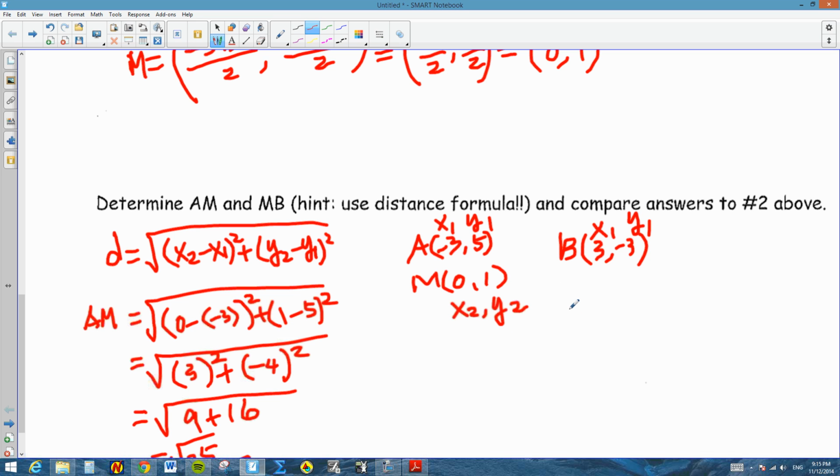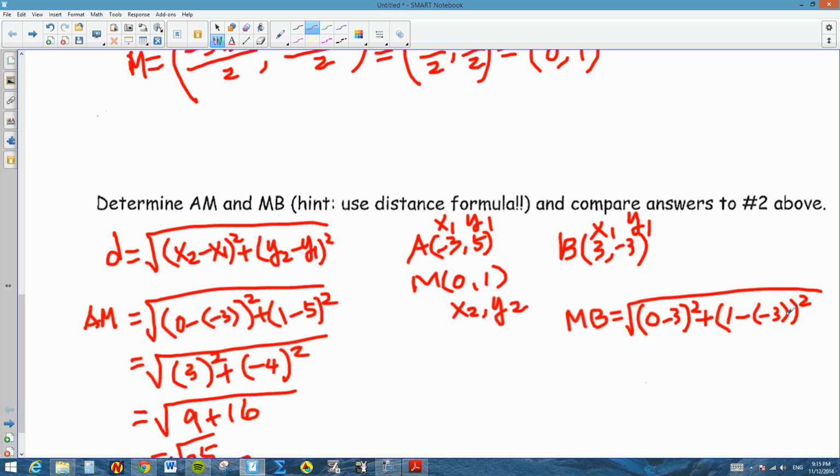How do I find my NB? Use the same formula here. Square root of parenthesis x2 minus x1, which is 0 minus 3, squared again, plus y2 minus y1. y2 is 1 minus y1.